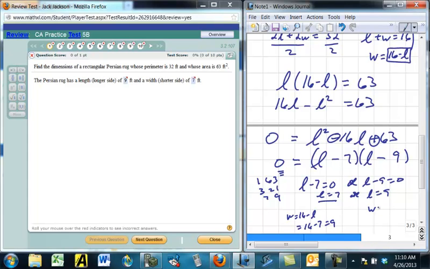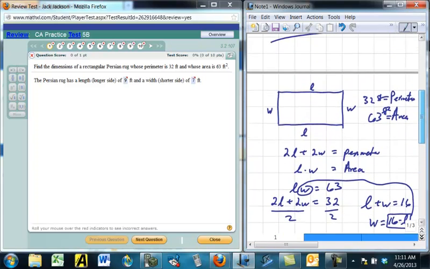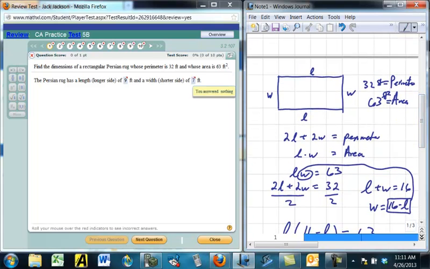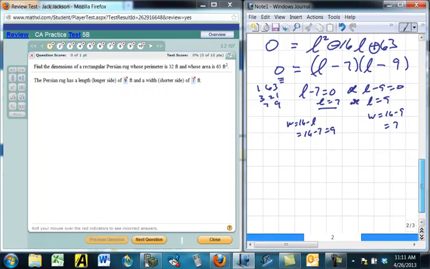And over here, W is 16 minus 9, which is 7. So one of these is 7 and the other one is 9, either way you slice it. So the shorter side is 7 and the longer one is 9, in feet.